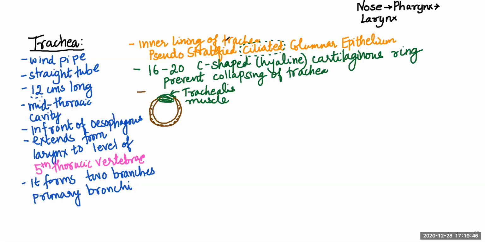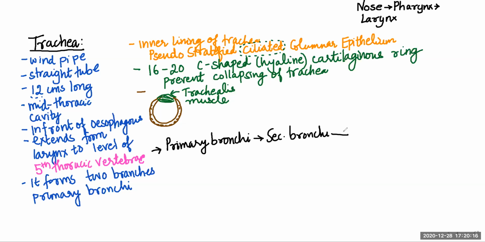Then this trachea will divide to form what? Trachea will divide to form primary bronchi. Primary bronchi will divide to form secondary bronchi. Secondary will form tertiary bronchi, right? So at the fifth thoracic vertebra trachea will divide to form primary bronchi. Primary bronchi will divide to form secondary bronchi.